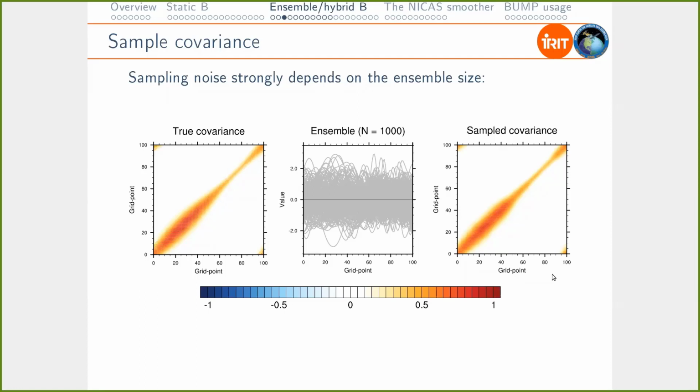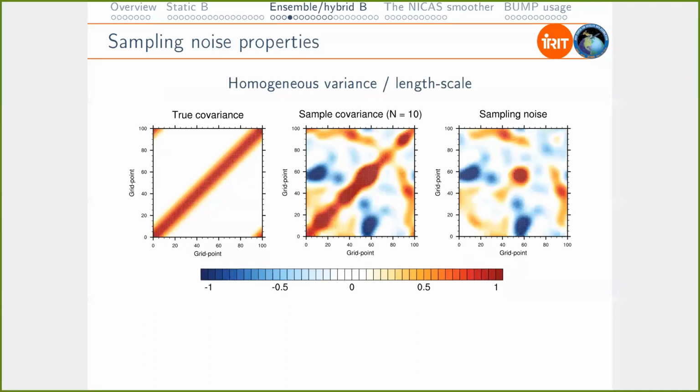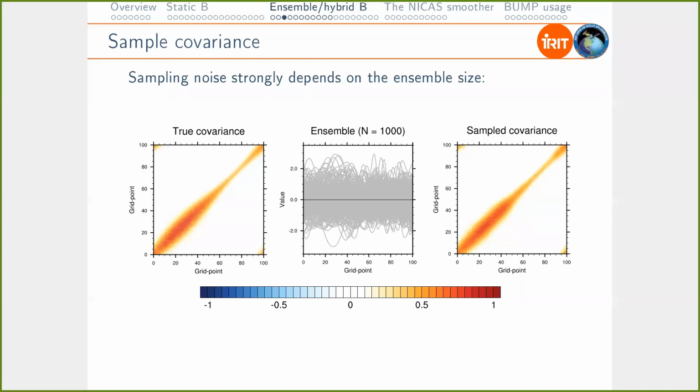So a simple solution to have very precise covariance estimations would be to have very, very large ensembles. But for the big systems that we have, it's not computationally possible. So the solution will be to use some filtering to get rid of the sampling noise.